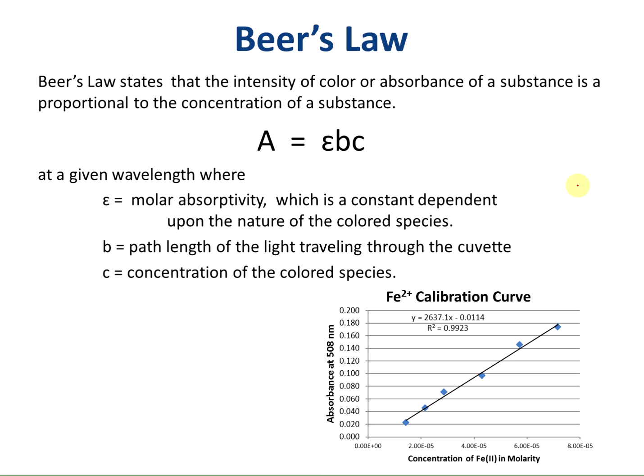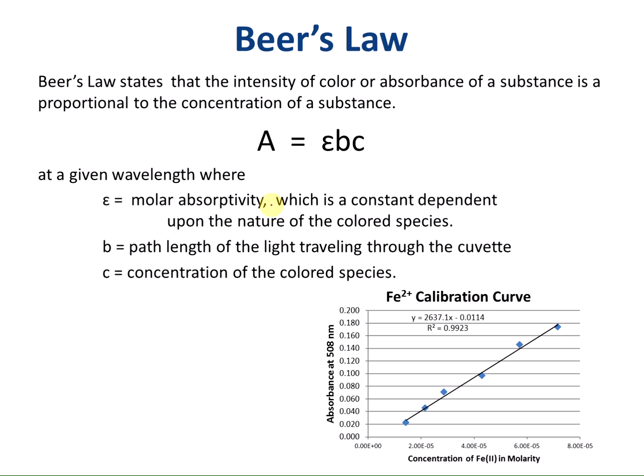We're interested in the colors of our compound because the intensity of the color, or how much light the compound absorbs, will be related to the concentration. So we're going to use Beer's law. Beer's law states that the intensity of color, or absorbance, of a substance is proportional to the concentration of a substance. This is our representation of Beer's law, where A is the absorbance and epsilon is the molar absorptivity.